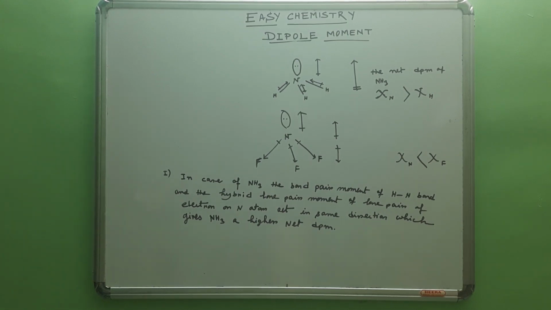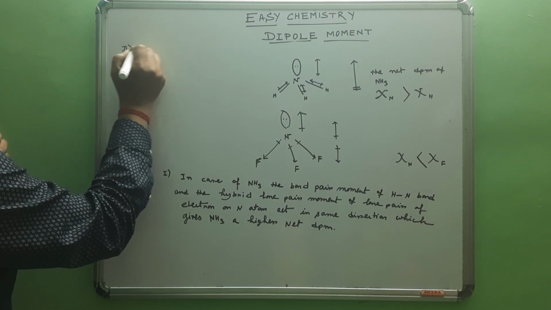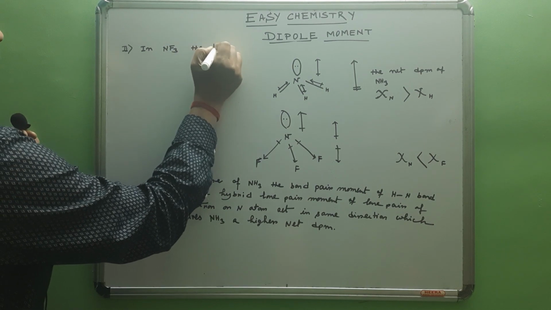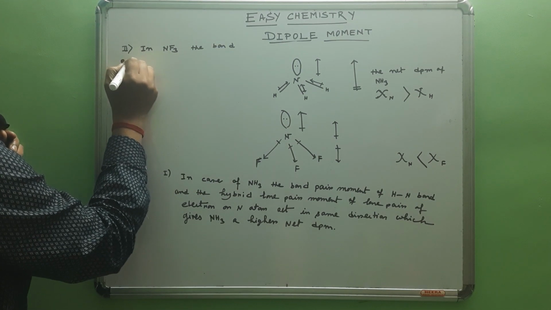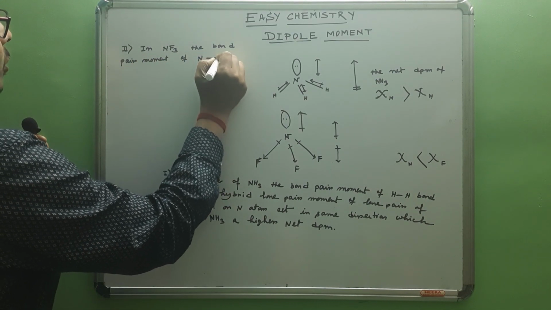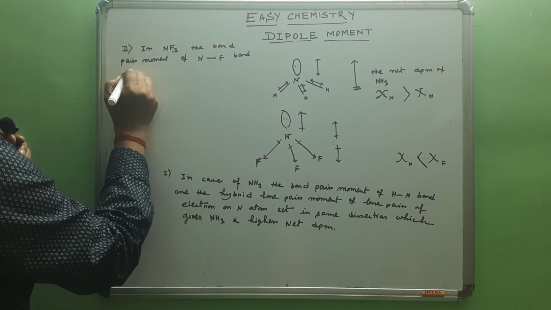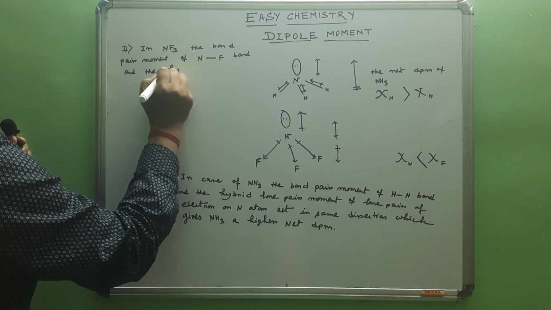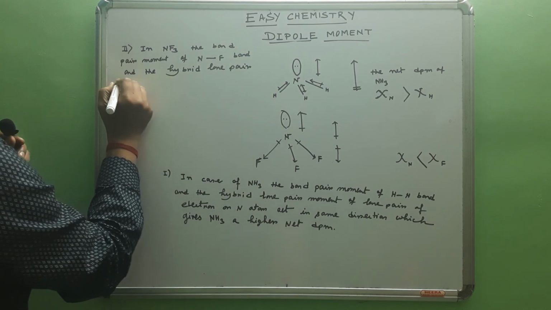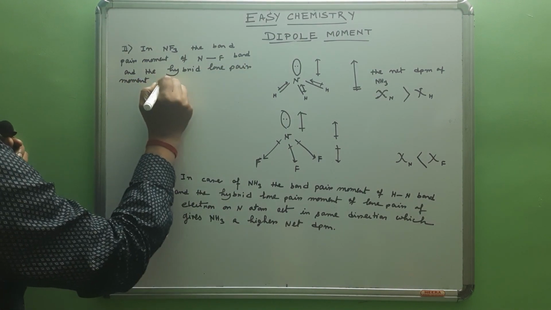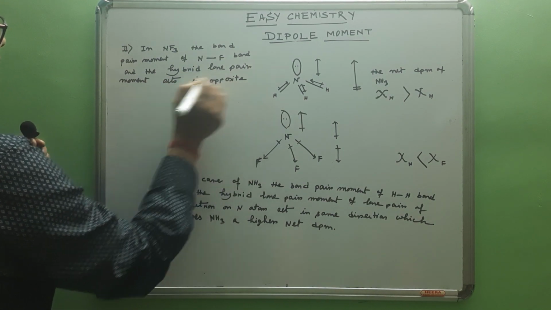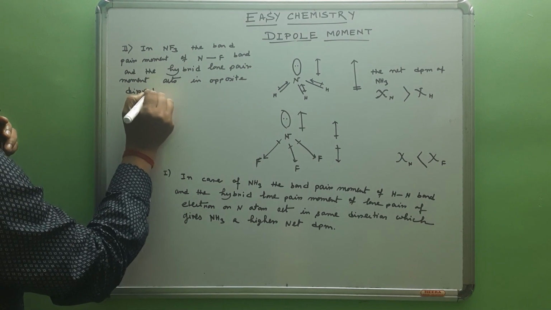Okay, so number 2: in NF3, the bond pair moment of the nitrogen fluorine bond and the lone pair moment act in opposite direction.